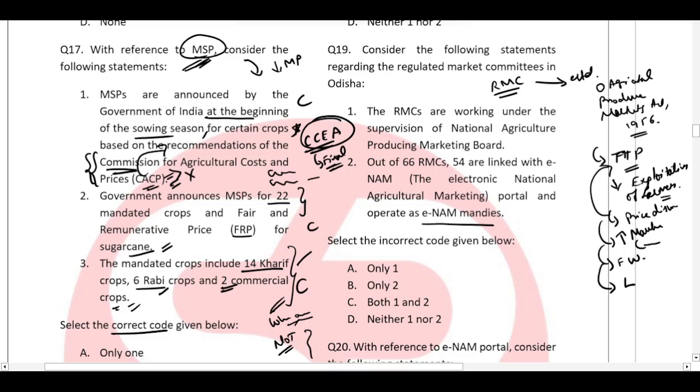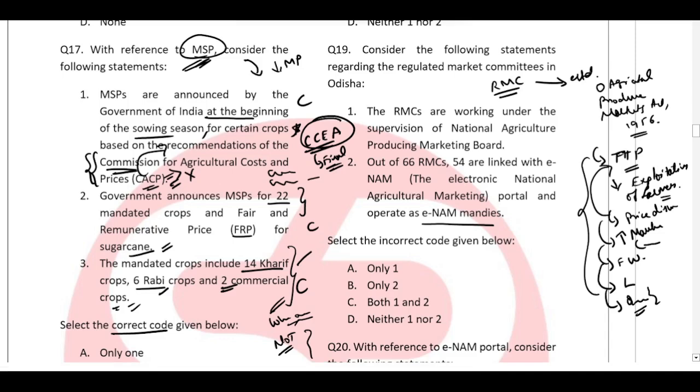They look after the licensing and regulations in the agricultural markets, and they also maintain the quality of the agricultural produce, and the grading in the agricultural markets. So these are all the functions of the RMCs which were established under the Agriculture Produce and Markets Act of Odisha 1956.